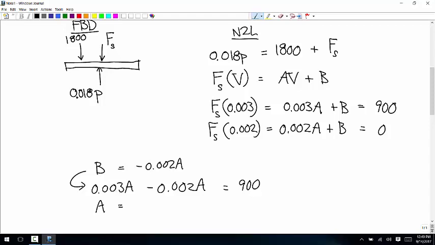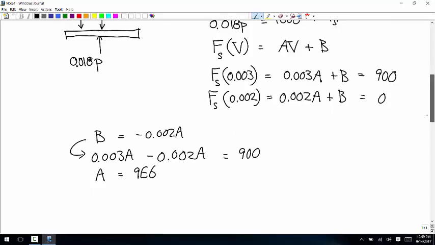So A is equal to 9 times 10 to the 6, right? And then B is equal to negative 0.002 times 9 times 10 to the 6.